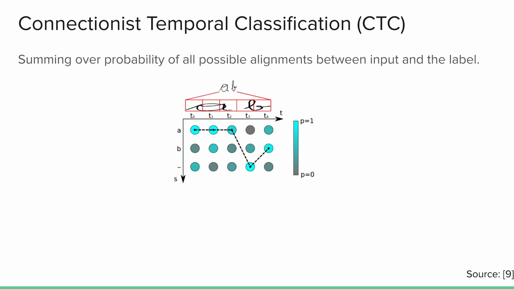So how does it work? We're summing over the probabilities of all possible alignments between the input and the target and our label. This sounds maybe a little bit over the top and especially really expensive, but when you visualize it, you realize it's not that bad. So we're going back to the image domain here and think about the image that you can see at the top here, AB.